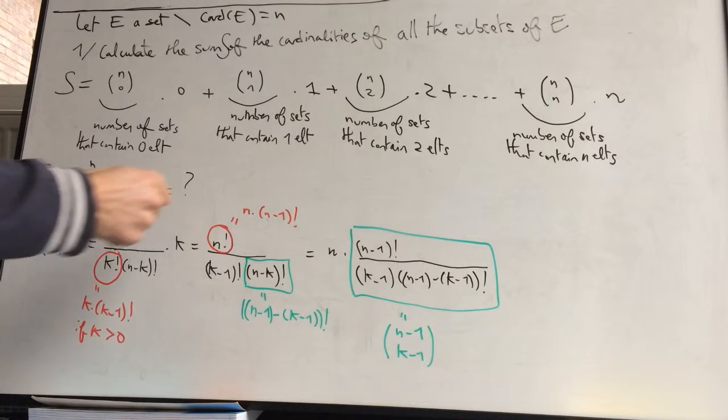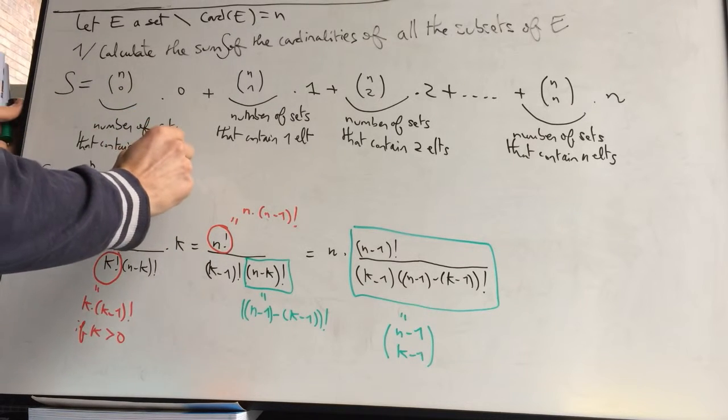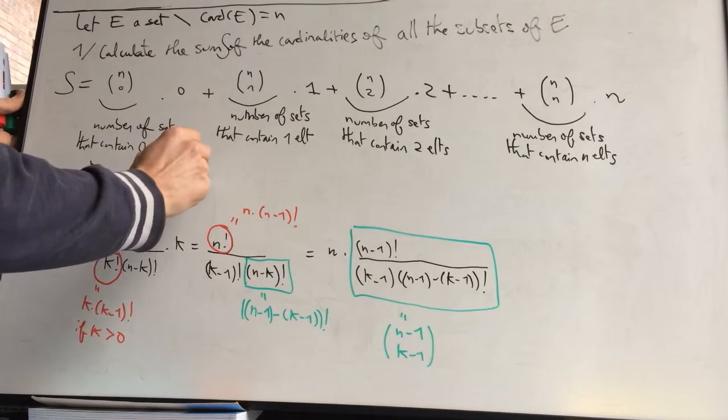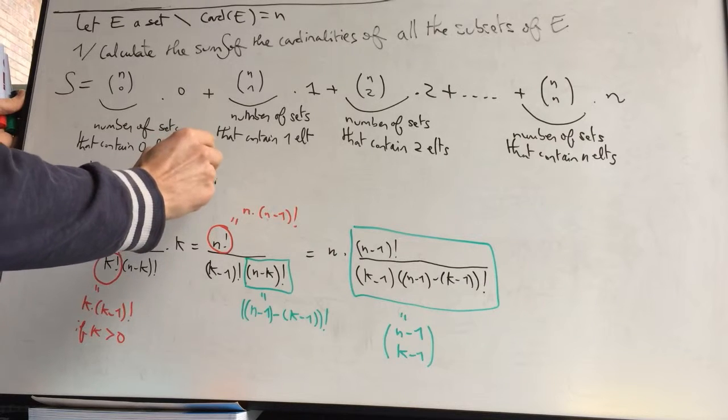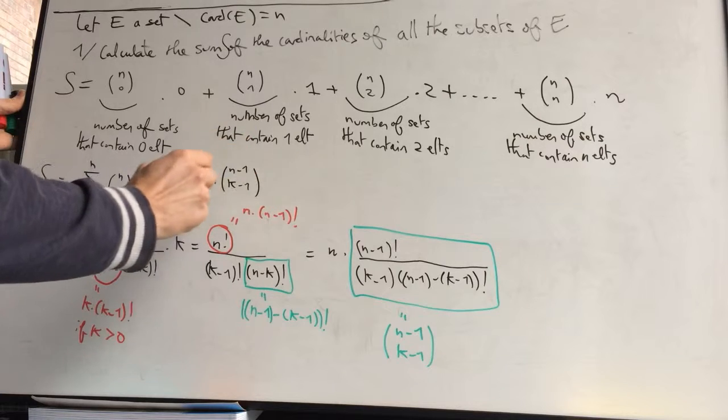Then we can come back to the summation here, and we have got the summation of n minus 1 choose k minus 1.